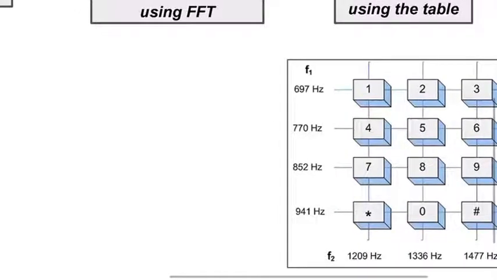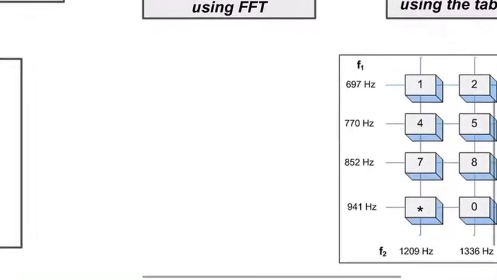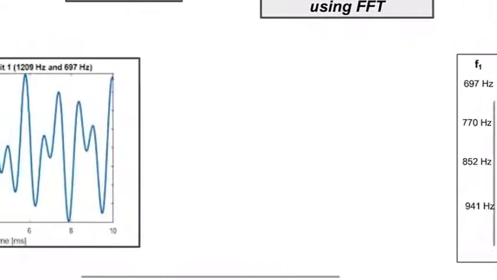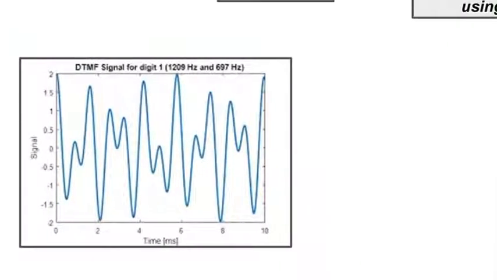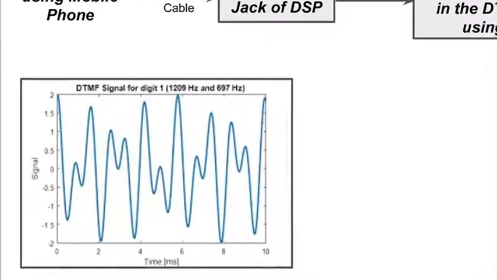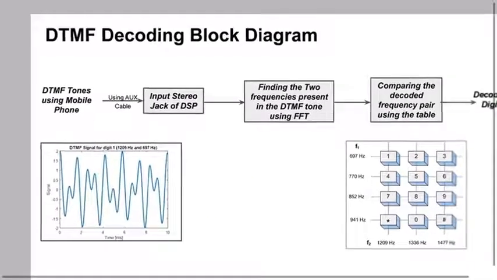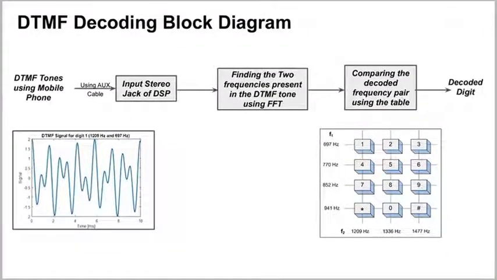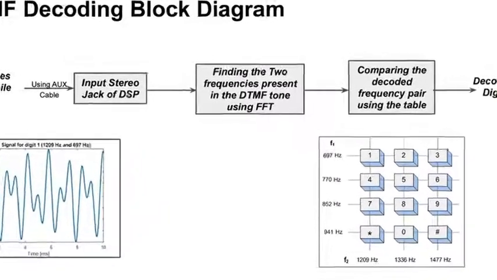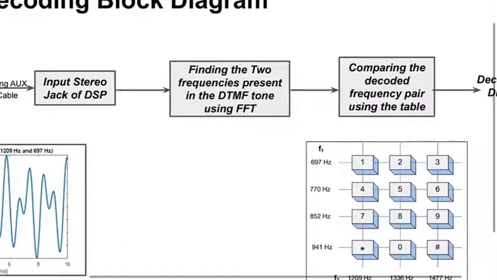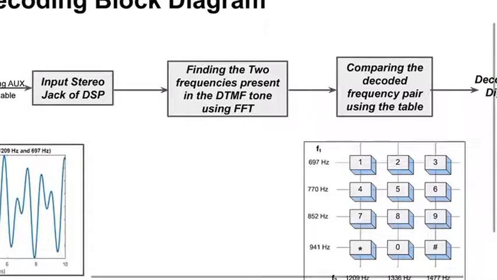So the spectrum or the time domain waveform of number 1 looks like this. The overall block diagram of DTMF goes as follows. You give the DTMF tone as input from your mobile phone to the stereo jack of the DSP, and then the algorithm basically relies on finding the two frequencies present in the DTMF using FFT.